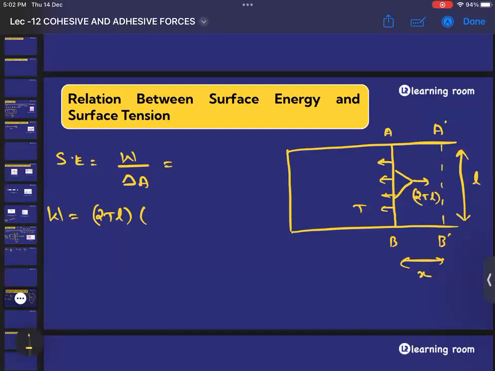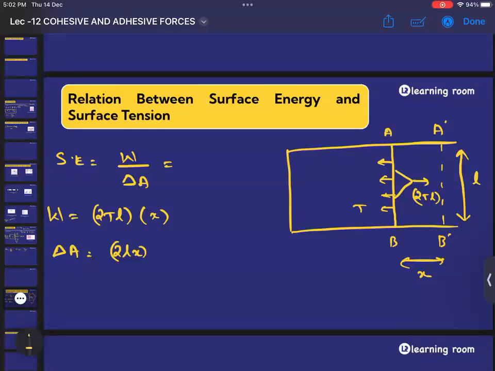It's there in the diagram. X. Okay. Now, due to this, what is the increase in surface area of the free surface? When I say increase in area, don't say L into X. How many free surfaces are there? 2 free surfaces. So for 2 free surfaces, what will be the change in area? It will be 2L into X.